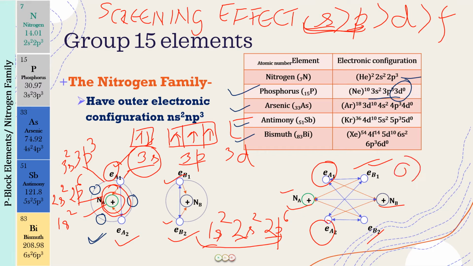So this is 1s, this is going to be 2s, then it is 2p, and then we have 3s, then we have 3p, and then we have 3d also. So these three are repelling the 3s electrons the maximum. Then it will be the 3p electrons that they will be repelling.